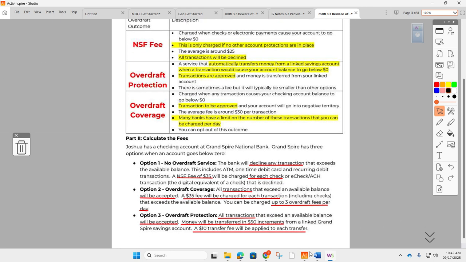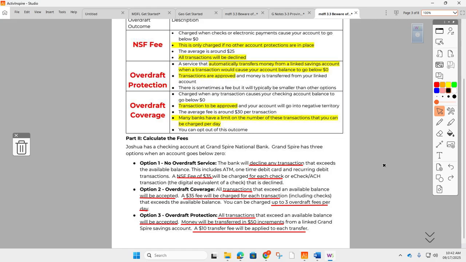So once again, I've underlined some things here. We have one set of transactions that this one person, Josh, is going to complete. He's going to purchase 7 things in this one day, and they're going to give us a beginning balance. And we're going to see what fees he accrues based on the options that he has.